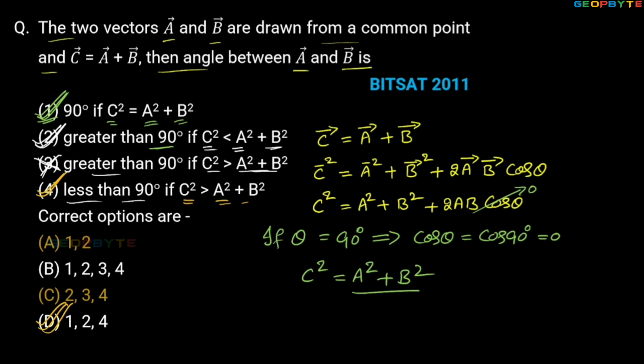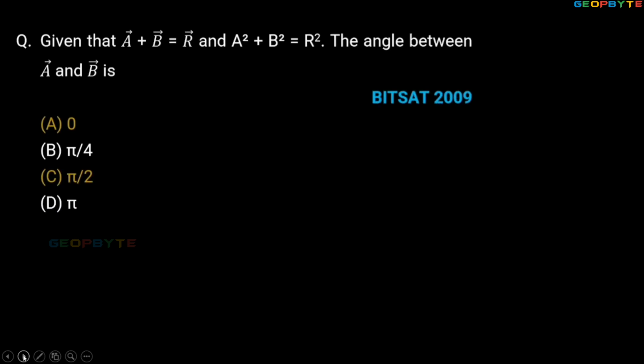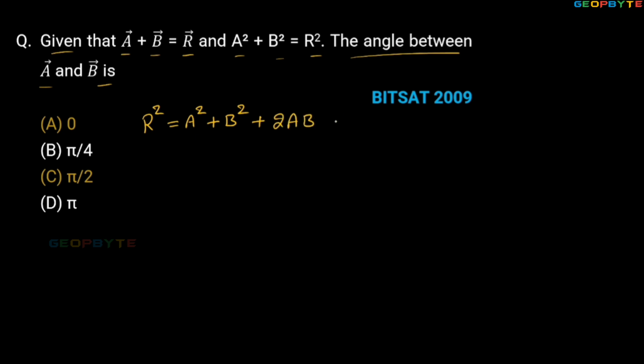Understood clearly? Then look at another important question. Given that vector A plus vector B equal to vector R and A square plus B square equal to R square, find the angle between vector A and vector B. As you know, R square equal to A square plus B square plus 2AB cos theta.